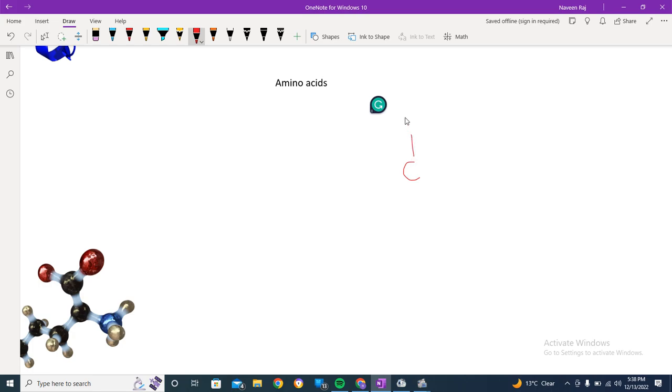We have H, hydrogen, upside over there, and we have NH2. On one side we have C double bonded to O and one OH, and downward side we have R. R is the radical.